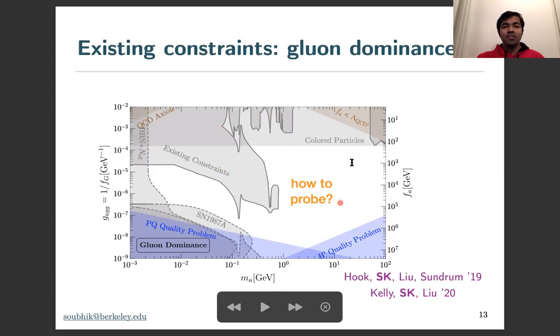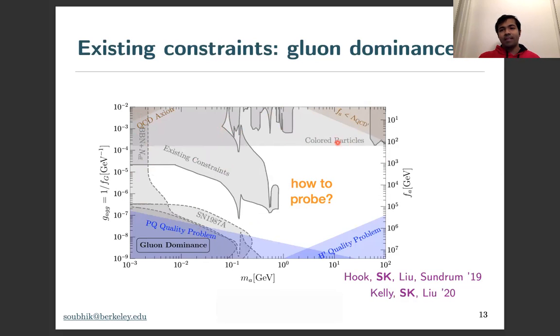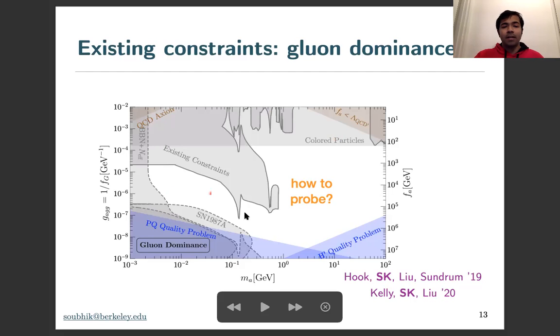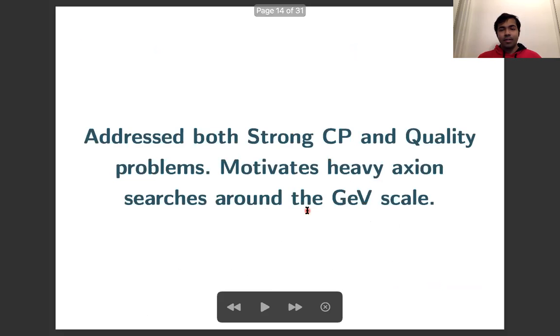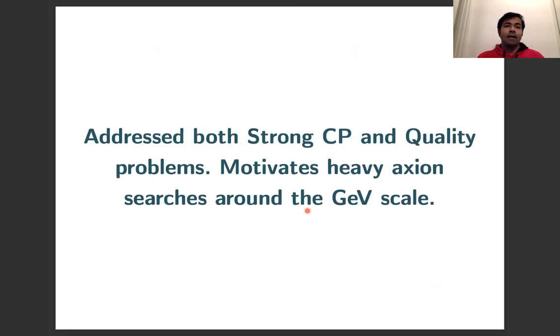And I should also mention that this part of the parameter space, we are ruling it out because typically in our case, because of the gluon coupling, you would expect that the Peccei-Quinn fermions, for example, would carry color charge. And of course, there are strong LHC bounds on colored particles. So that rules out this part of the parameter space. But either way, the summary is that we do have this part of the parameter space, which we can try to probe. So here is again the quick summary.